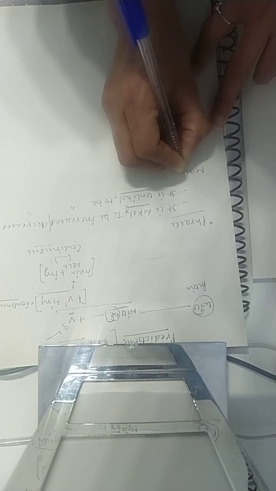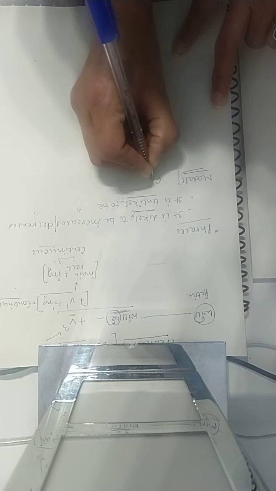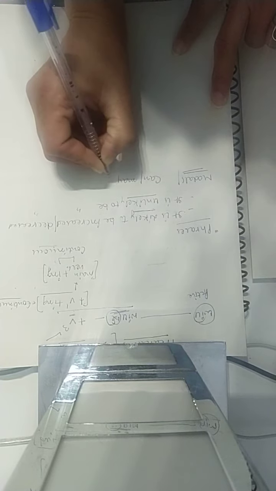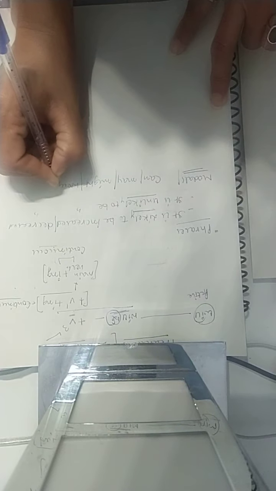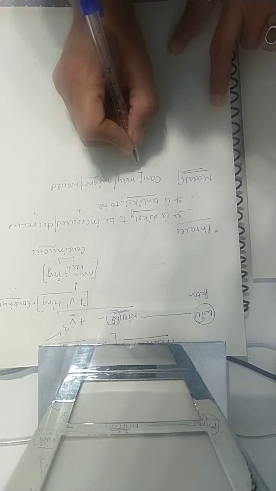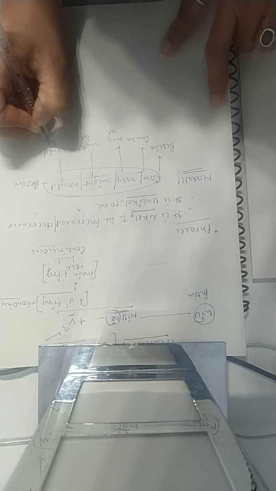And then you can use modals. The modals we also call auxiliary verbs. Fine. So you can use can, may, might, would. These are for active, and if you apply passive, then you can say it can be, it may be, might be or would be.